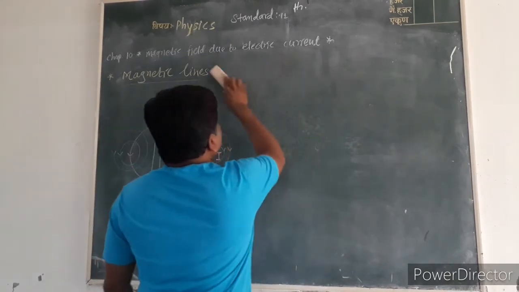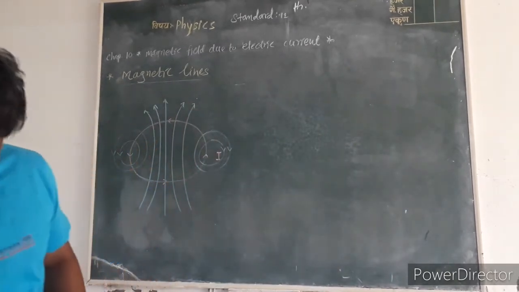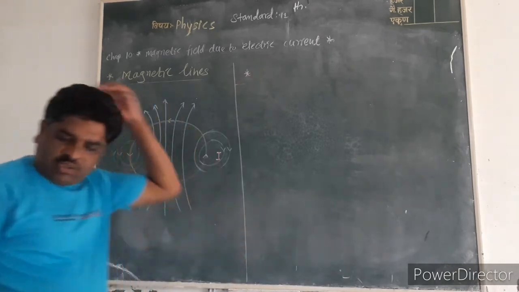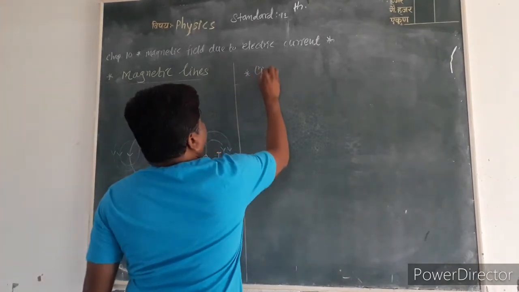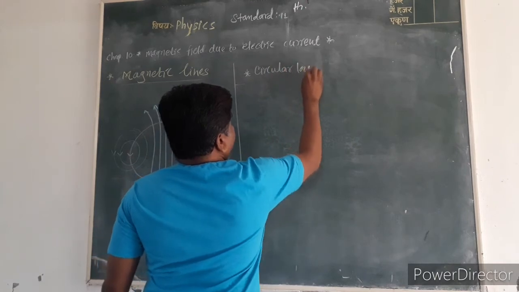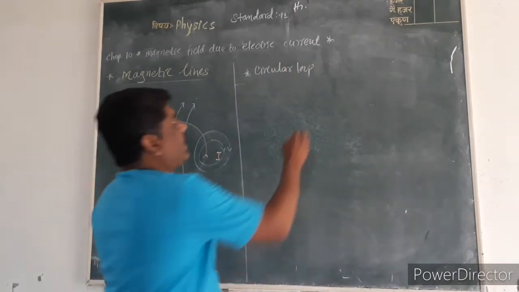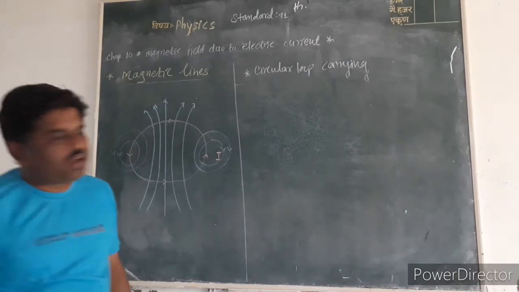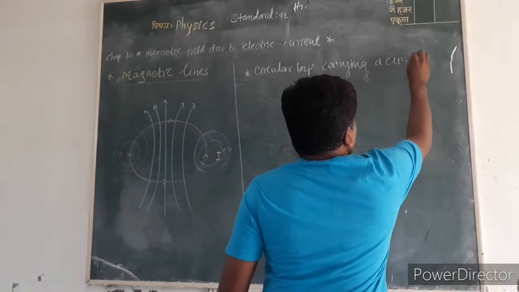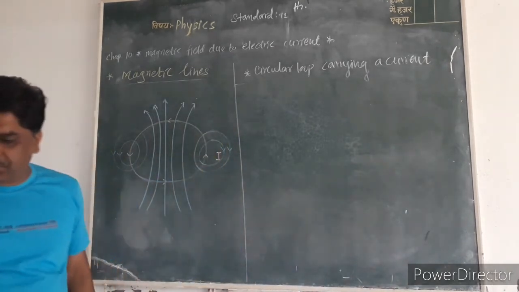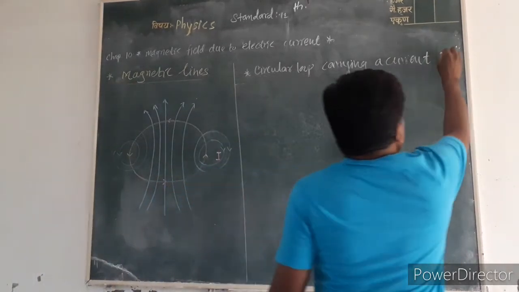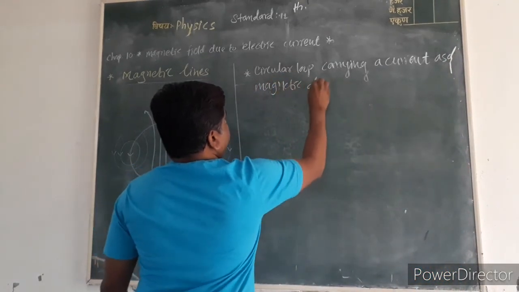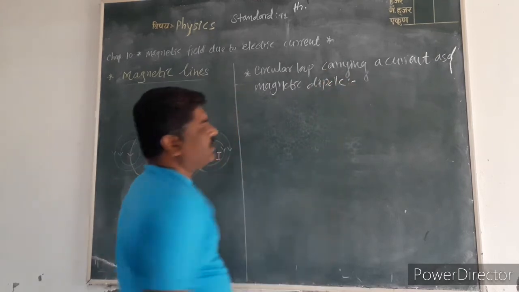Acts as a magnetic dipole. Hence, we discuss the circular loop carrying a current as a magnetic dipole.